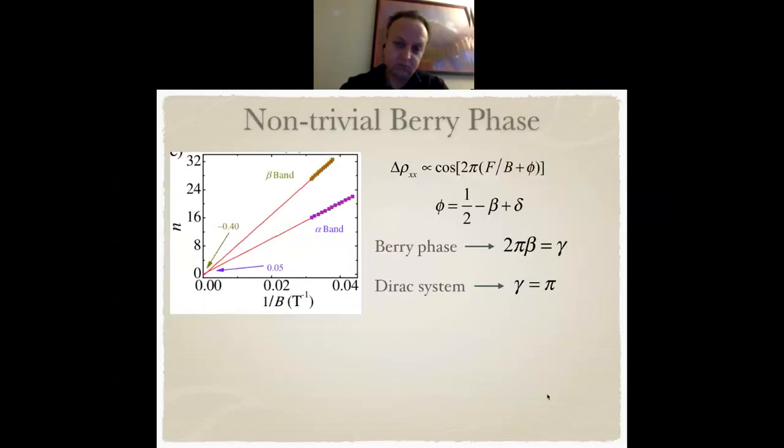Let's see. So, the non-trivial Berry phase. The Shubnikov-de Haas oscillations follow a cosine function of frequency over field plus this phase factor. This phase factor they don't actually digest in the paper.